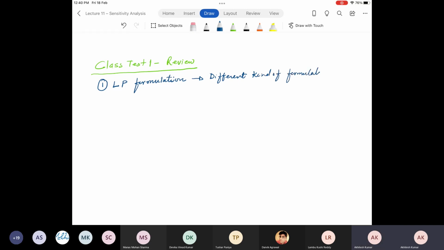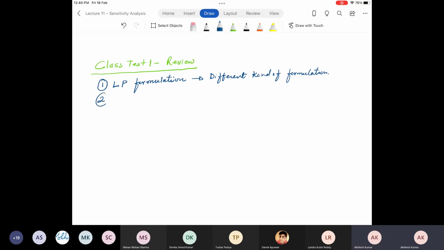So just to repeat, when you are formulating, first thing you need to ask is what decision we want to make and how it affects my objective. Once you understood your decision variable, formulation becomes easy. It can be maximization type, it can be minimization type.